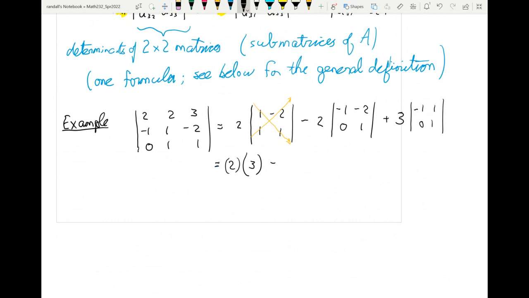So minus 2 times, you know what, in my notes I have an extra minus sign in there, and I think that's probably important. So let's do it that way. So I'm going to put a minus sign here. This is what I meant. Okay, so minus sign here.